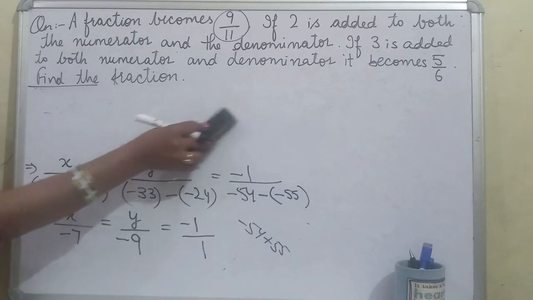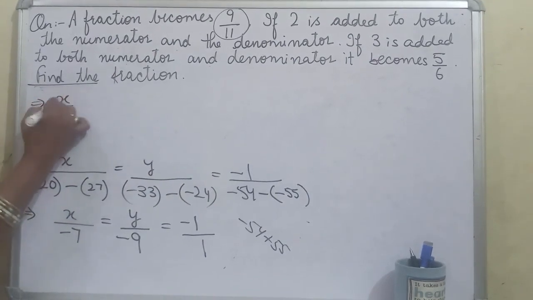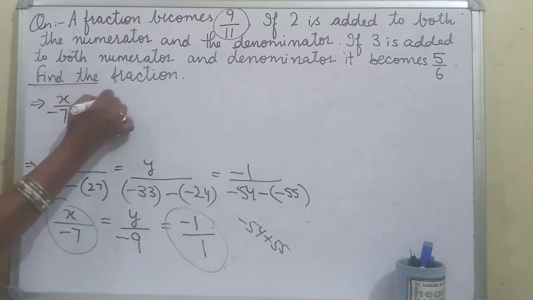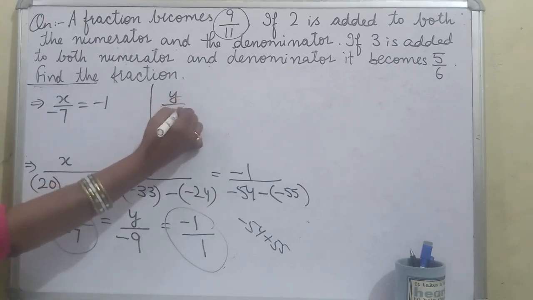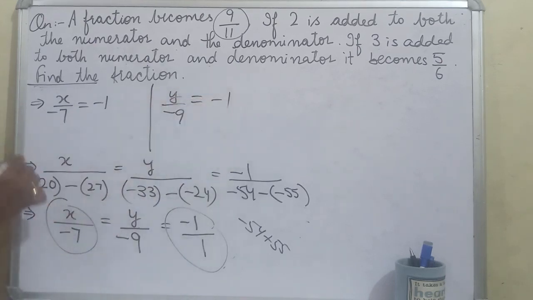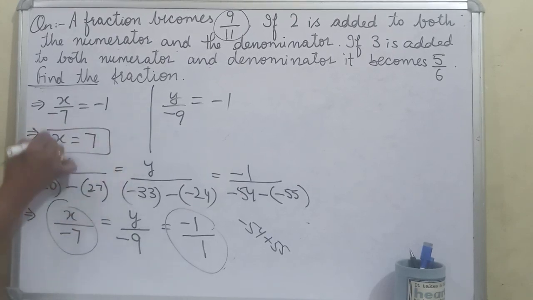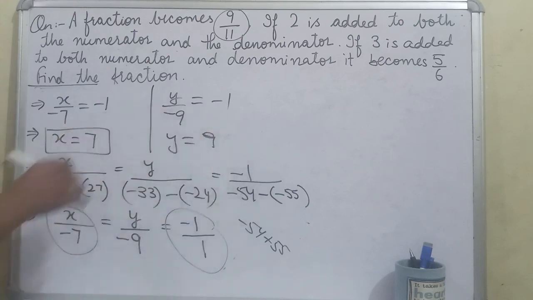Now I have to solve for x and y separately. So x by minus 7 equals the constant term, that is minus 1. Also y upon minus 9 equals minus 1. From here you get the value of x, and from here you'll get the value of y.